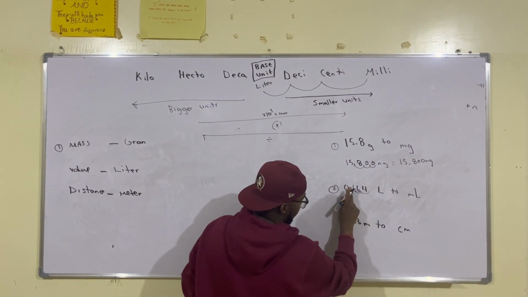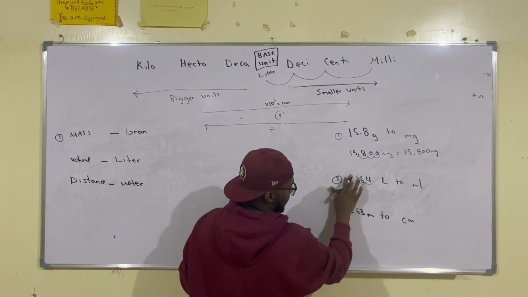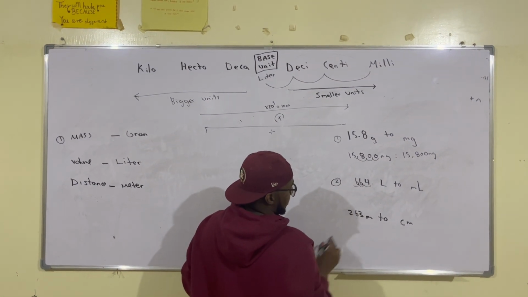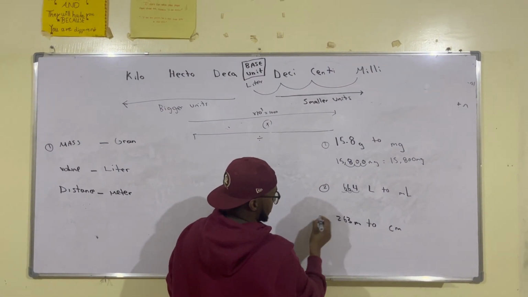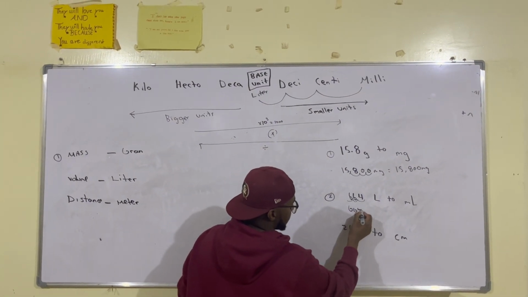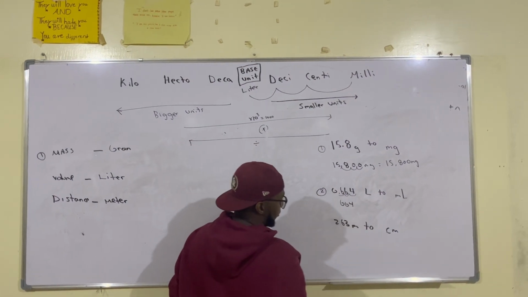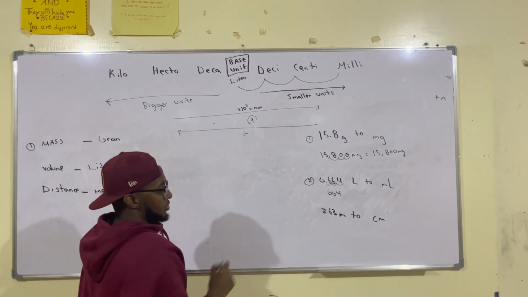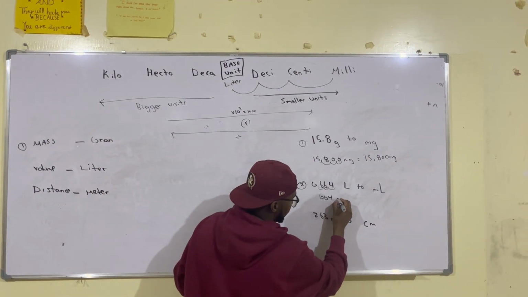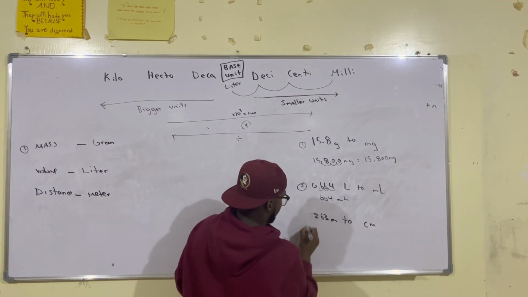So the decimal place is here now. The 0 is no longer necessary, and we put 0.0, but that also is not necessary. So 0.664 liters to milliliters is 664 milliliters.